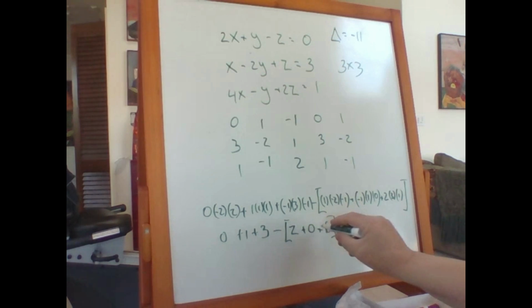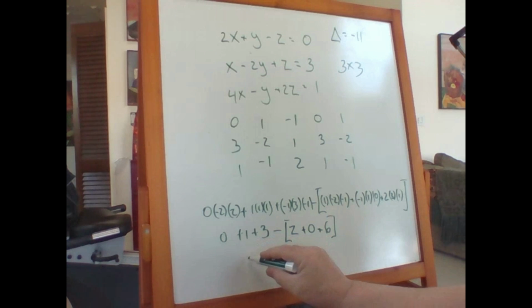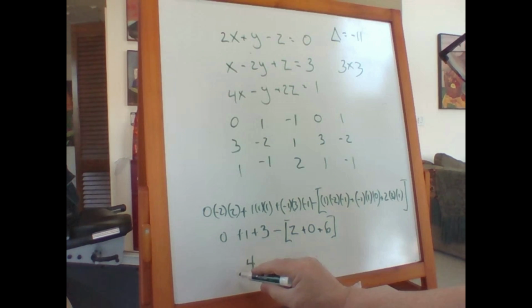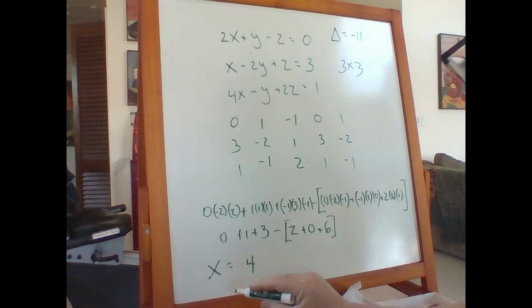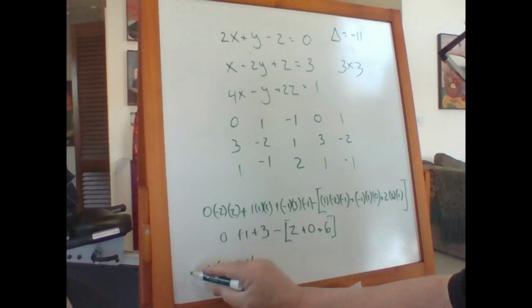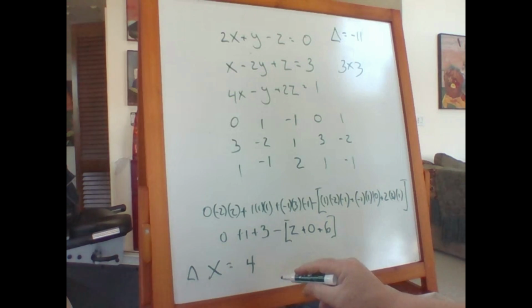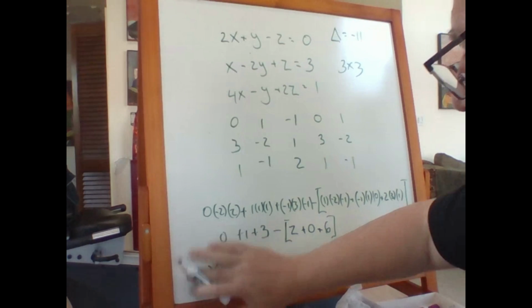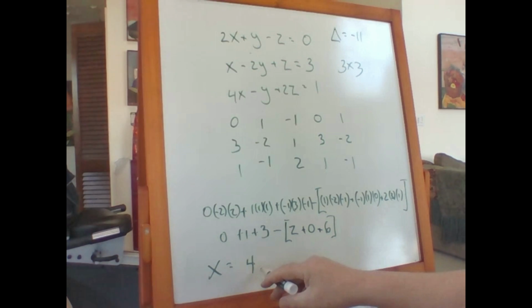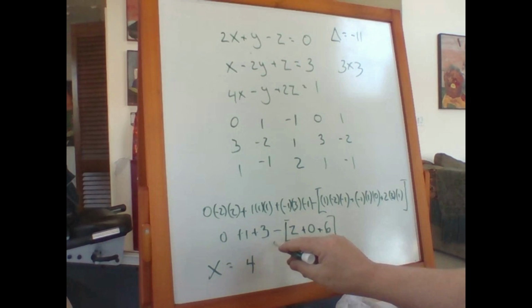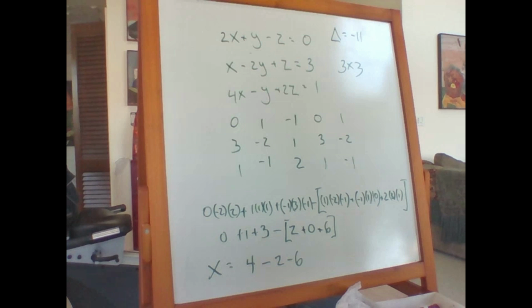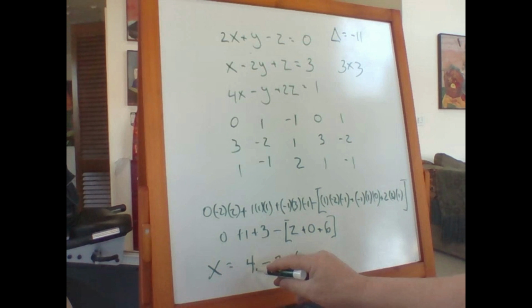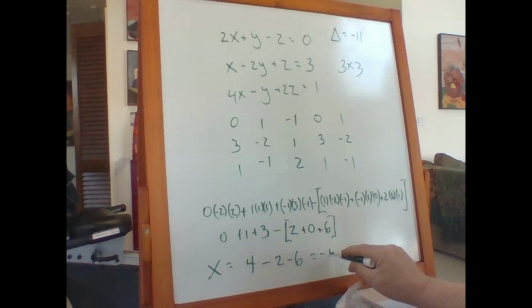But remember, this is all negative, so we got 4, and this is x without the determinant. This is the determinant times x. All right. So we got 4 minus 2 minus 6. All right. So we got minus 8, and 4 is equal to minus 4.